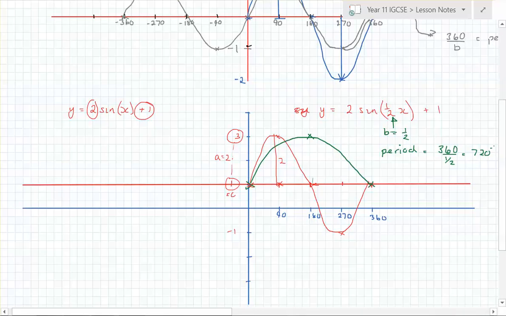Same things all apply with cosine. Although cosine, what's different about cosine? It starts at 1. Is there a curve that starts at -1? No. Negative cos starts at negative.